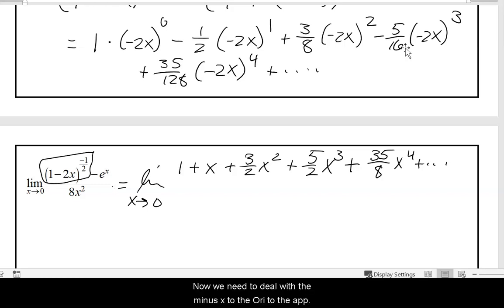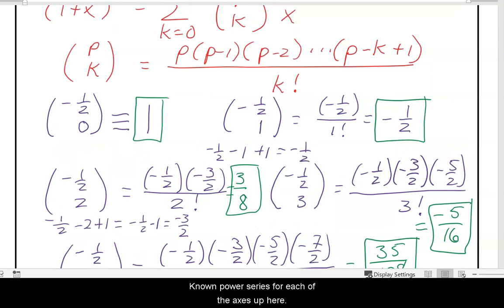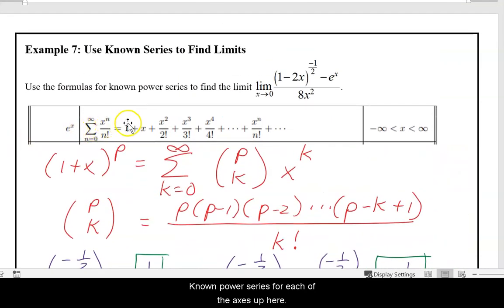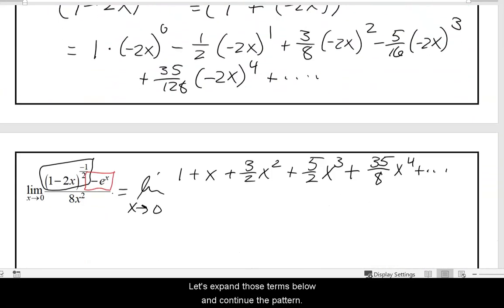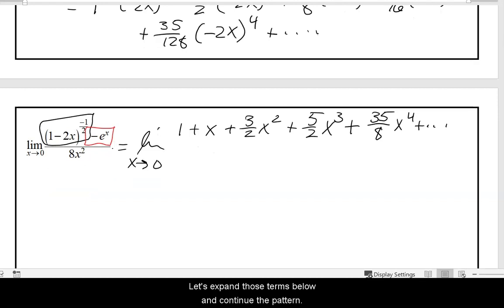numerator. Now we need to deal with the minus x to the, or e to the x. The minus e to the x can be dealt with the known power series for e to the x. The known power series for e to the x is up here. It starts with 1 plus x plus x squared over 2 factorial plus x cubed over 3 factorial. It is, in fact, x to the n divided by n factorial. Let's expand those terms below and continue the pattern.